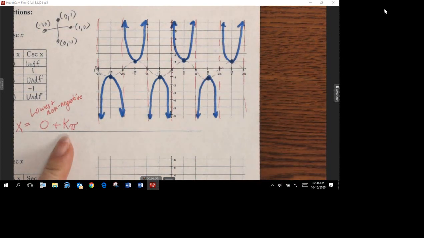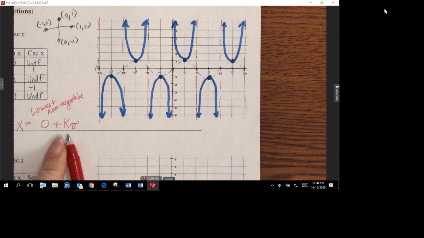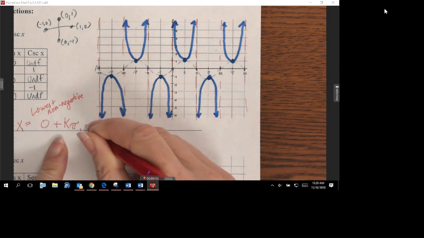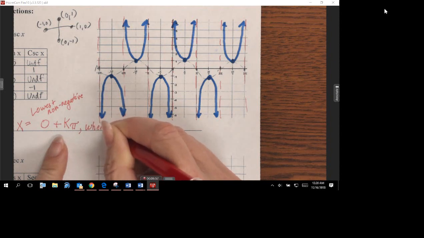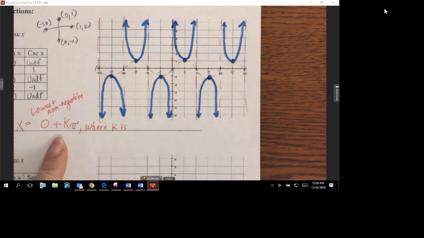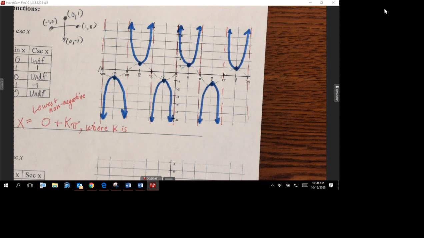So this is not good enough, because this is going to give me any number. But I don't have an asymptote at 1/10 pi. So specify what k has to be. We have to specify only what numbers k can be.